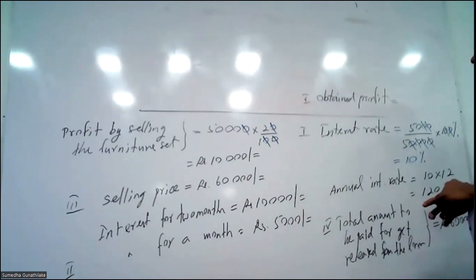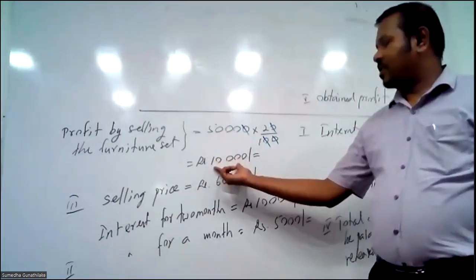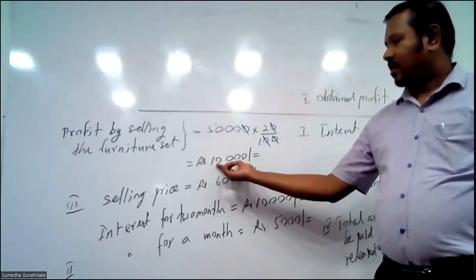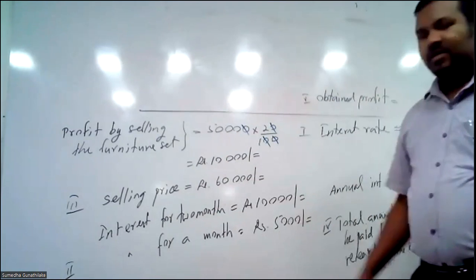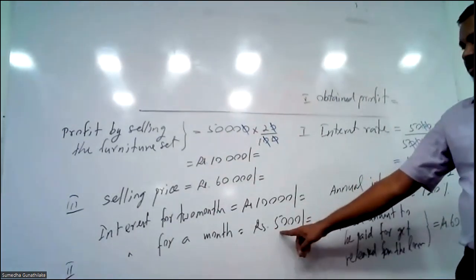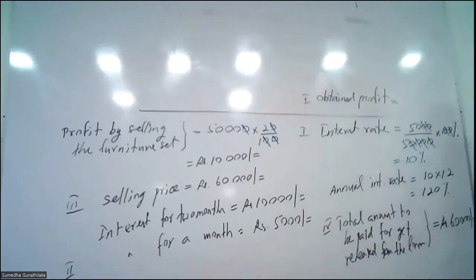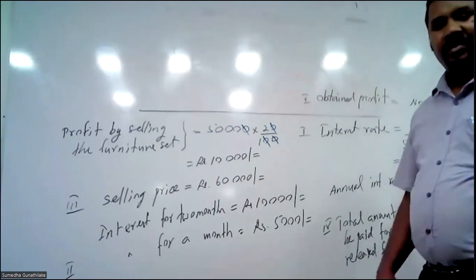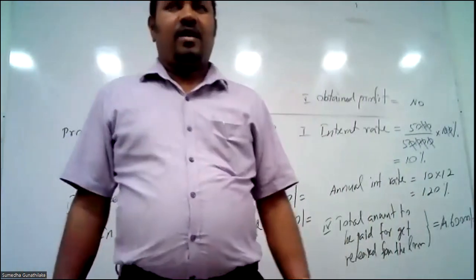Obtained profit. Right, he had a profit of this much, no? But he has to pay this amount for the loan. Interest for a month, this one, interest for these 2 months, 10,000. Obtained profit. No profit. Right?